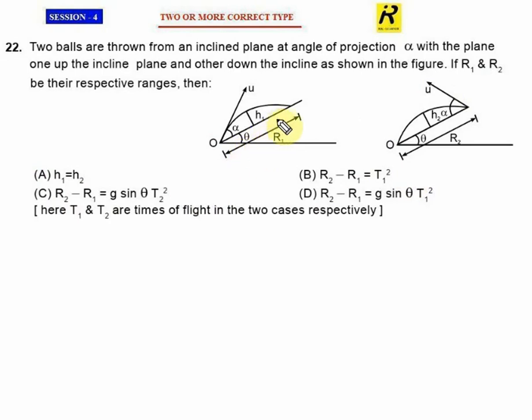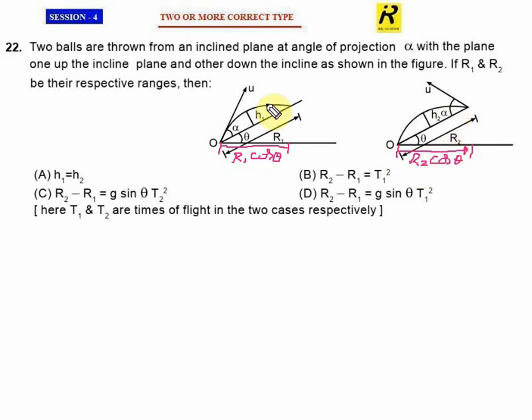I simply make a calculation where this much length is expressed in terms of R1. So this will be R1 cos theta, and this portion of length will be R2 cos theta.